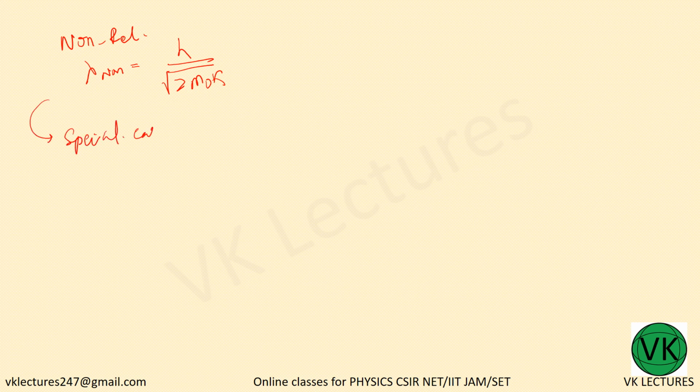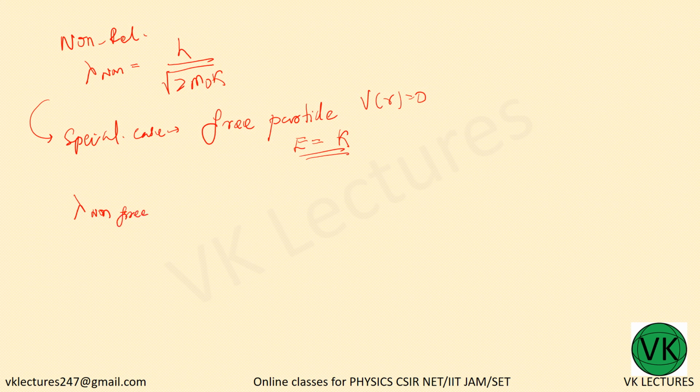Free particle means energy is equal to kinetic energy, because potential energy for a free particle is equal to 0. So kinetic energy is nothing but the total energy of the particle. In that case, our lambda for non-relativistic free particle is equal to h divided by under root 2 m naught E.